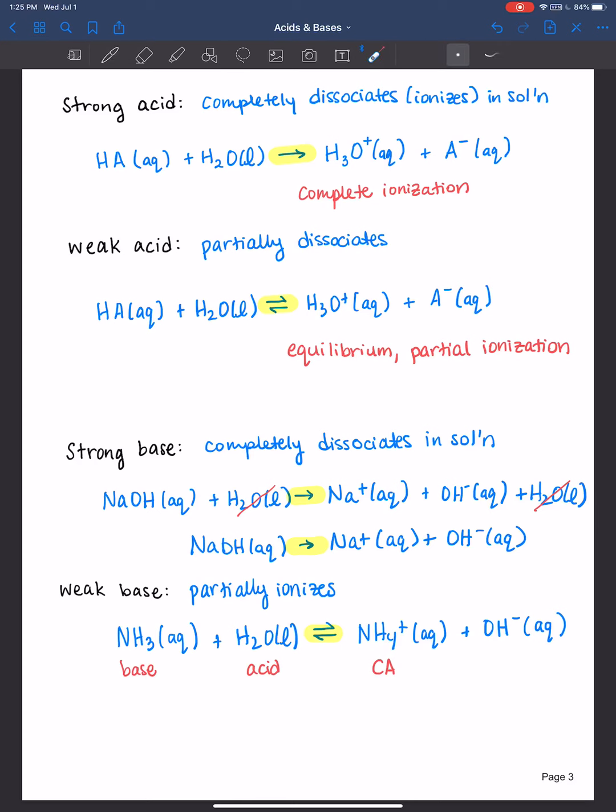A base, I know initially we're looking at the Arrhenius definition as producing hydroxide ions in solution, but let's look at ammonia as a Bronsted base, which it is. A Bronsted base is a proton acceptor. So if it accepts a proton, we would expect its conjugate acid to have 1 extra proton, and it does. It went from NH3 to NH4.